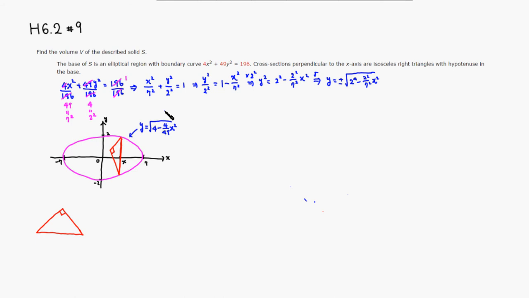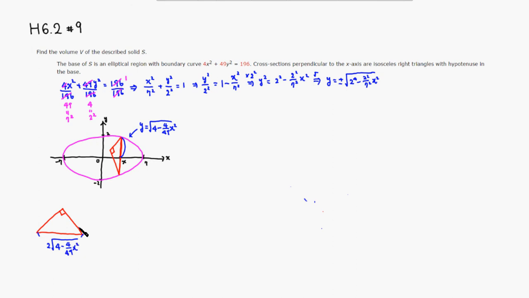Alright, so that's only this much. So the base is going to be twice as much as that.